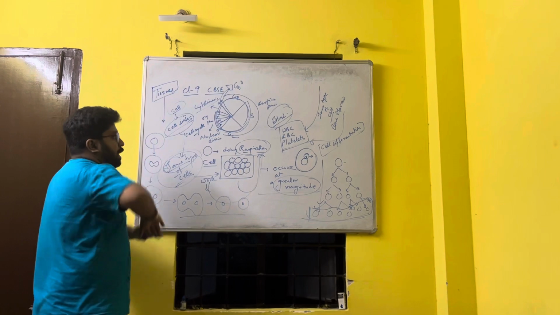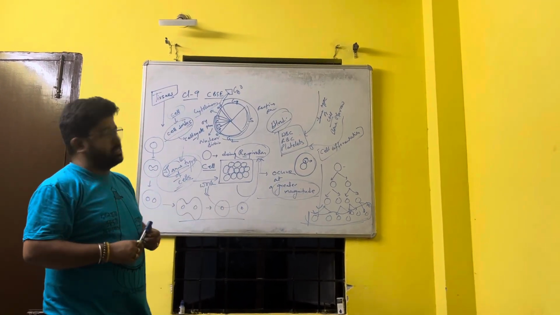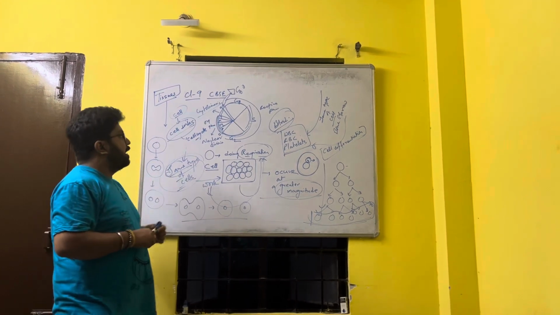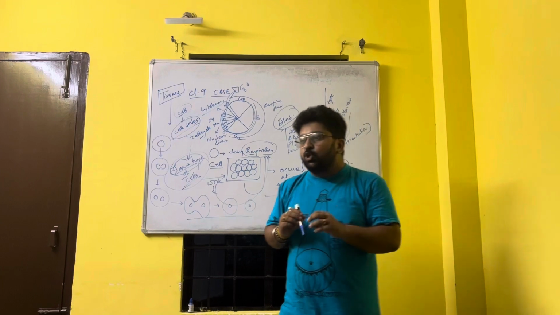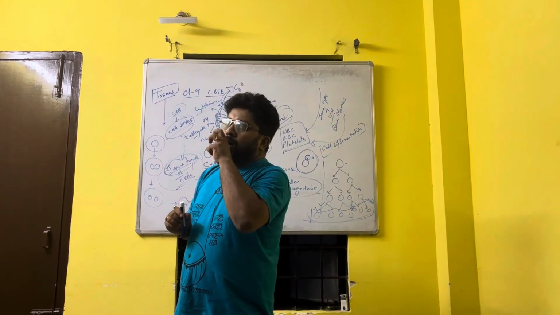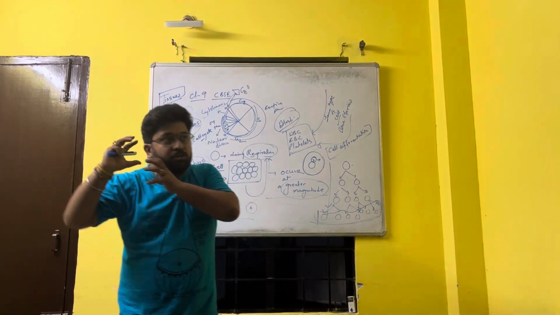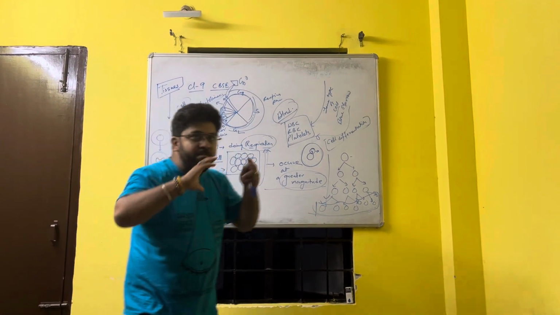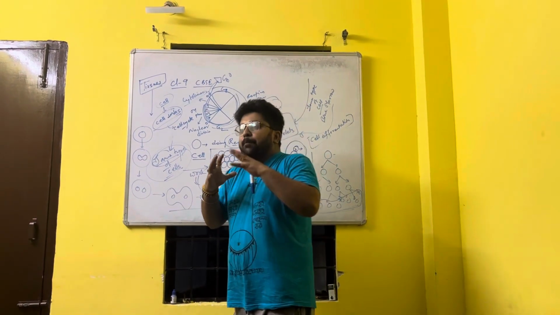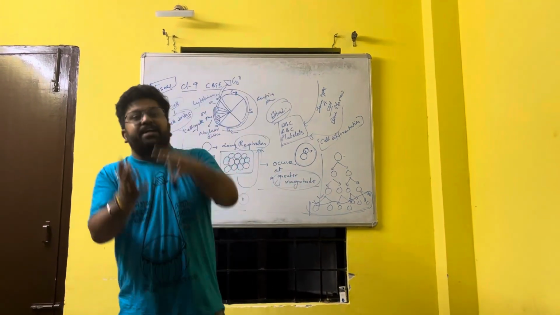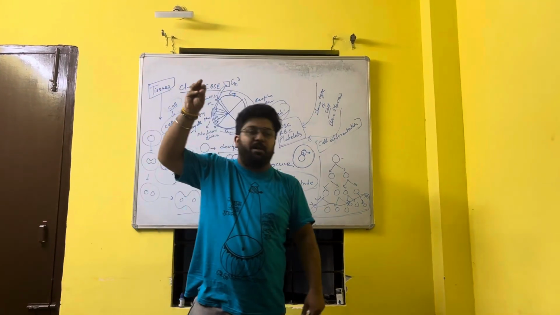So, a little bit of recapitulating what I told and what I did not tell. I was describing tissues, and I said that tissues are structures where the same type of cells come together and perform a particular function in a greater magnitude, the biological function which one cell is capable of doing.